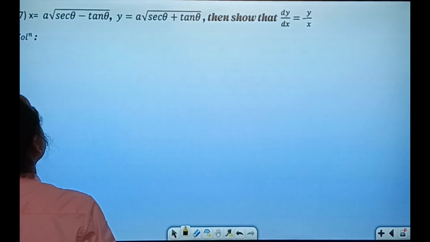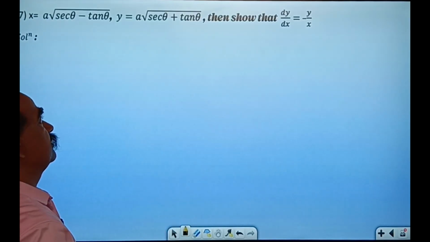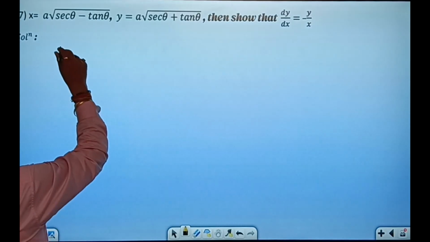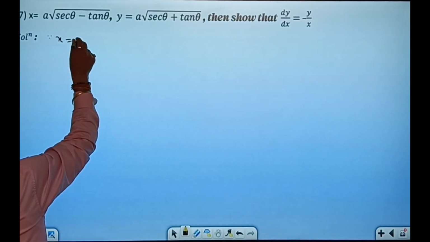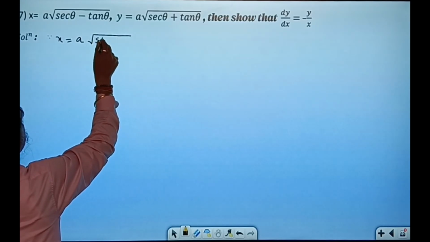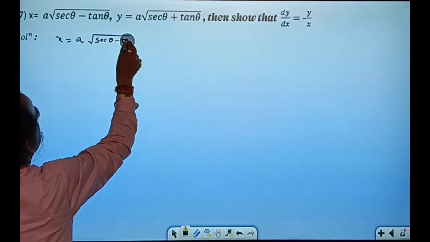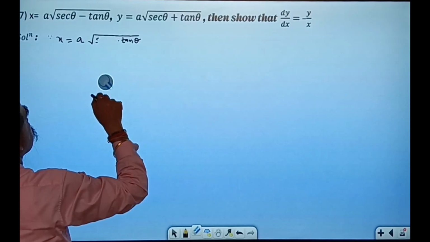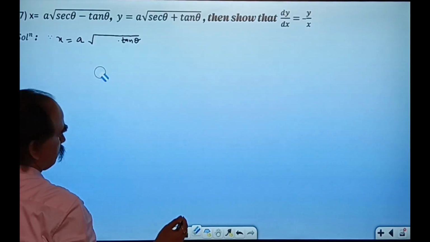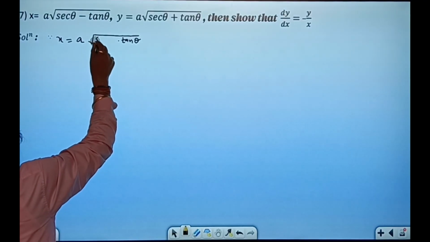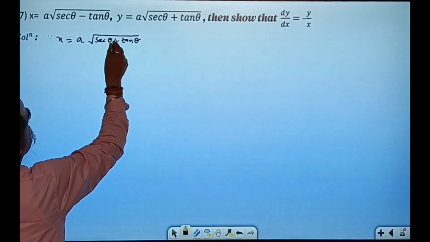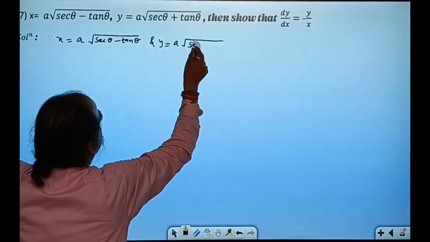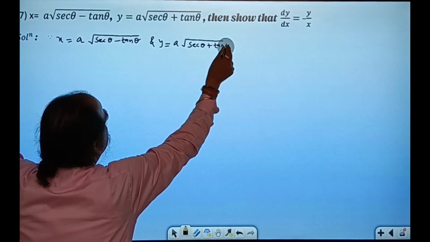x is a root sec theta minus tan theta and y is a root sec theta plus tan theta. We have to prove dy by dx is what? Minus y by x. Say this. x is a root sec theta minus tan theta. And y is what? A root sec theta plus tan theta.